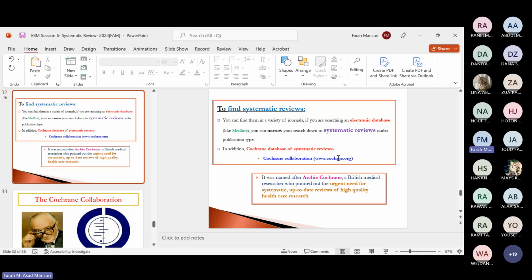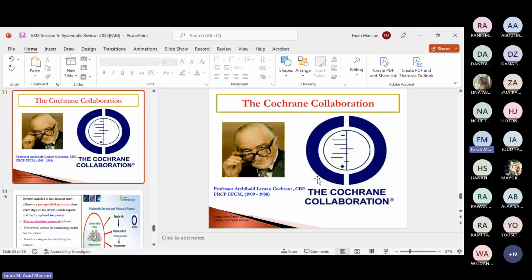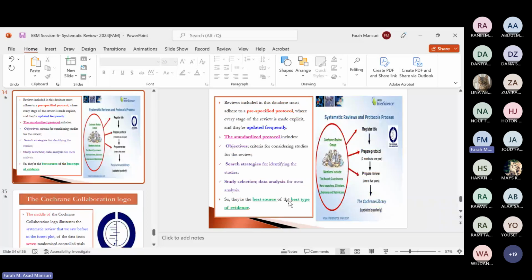This is the website for it, and its developer was Archie Cochrane, and he started this Cochrane collaboration. Systematic reviews are more in use after the year 1980, but before that, some systematic reviews without meta-analyses were still in use.